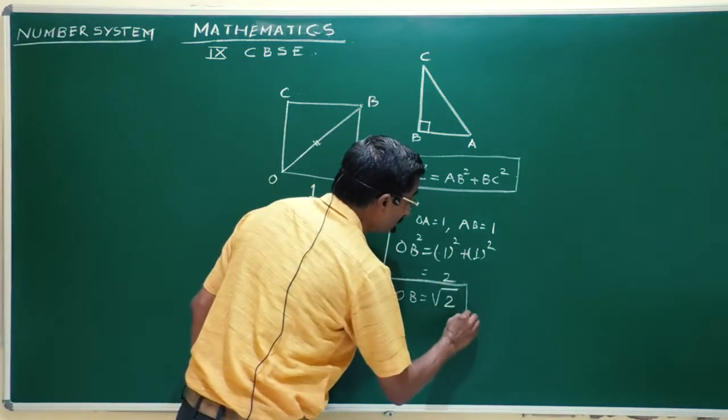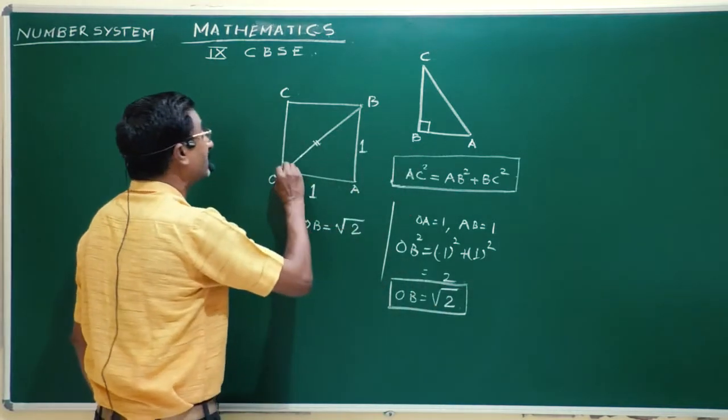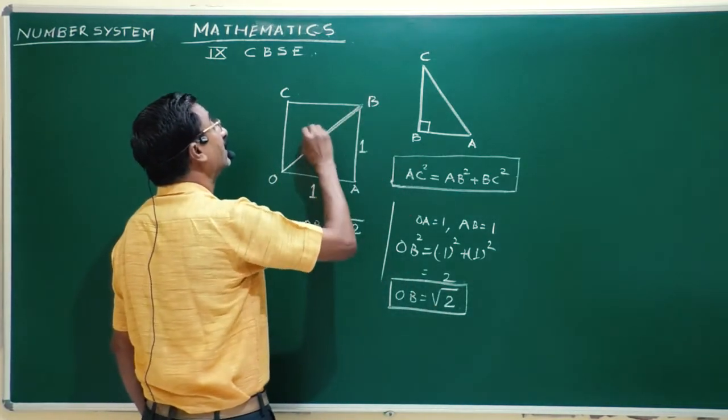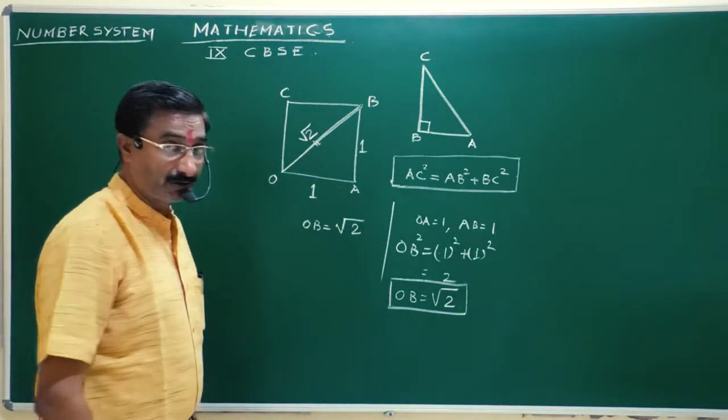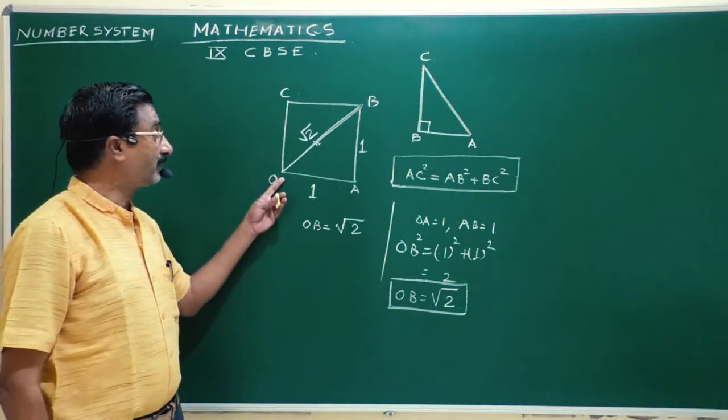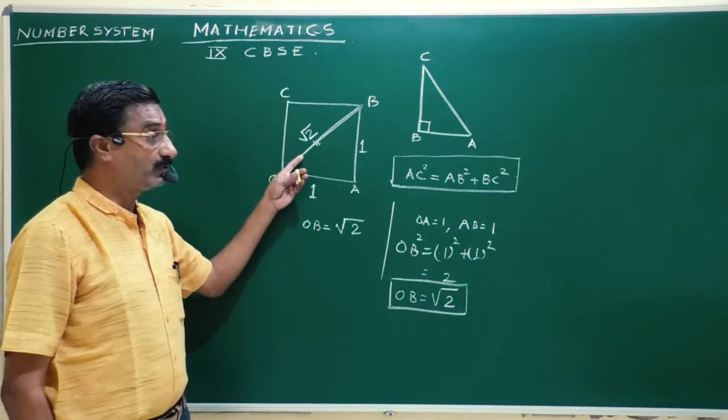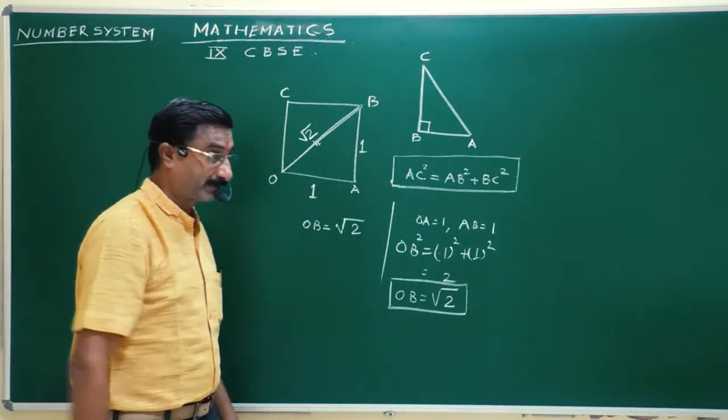So this is the irrational number, and this length is equal to under root 2. Clear? So they got this length under root 2 from this square.